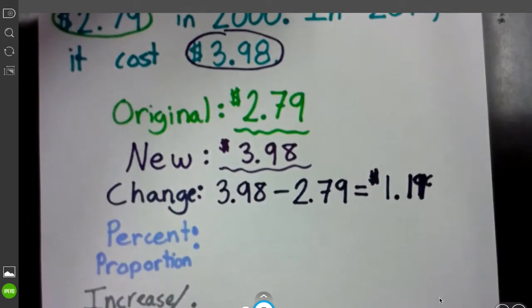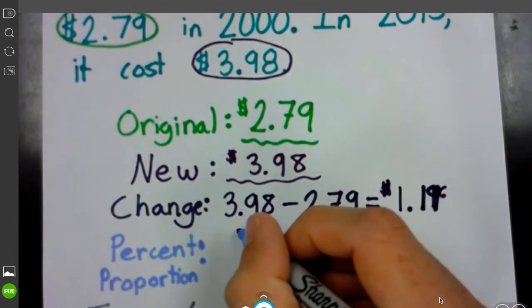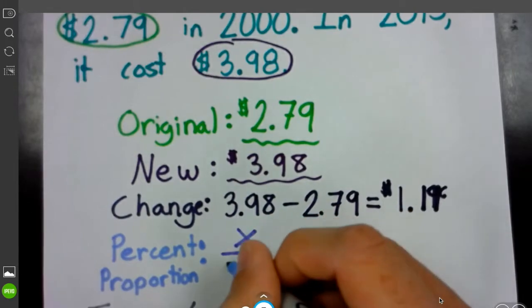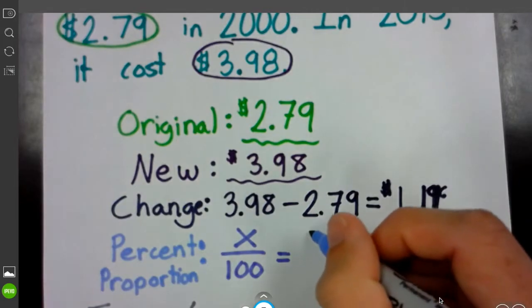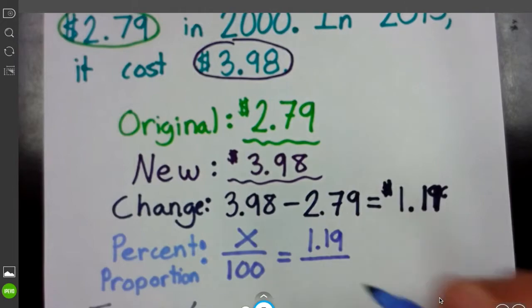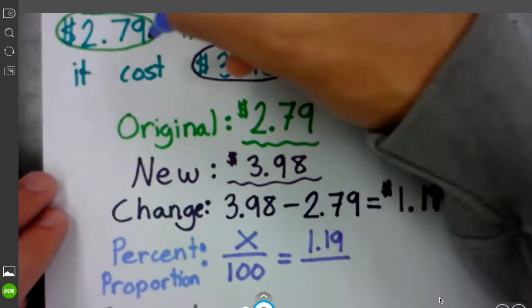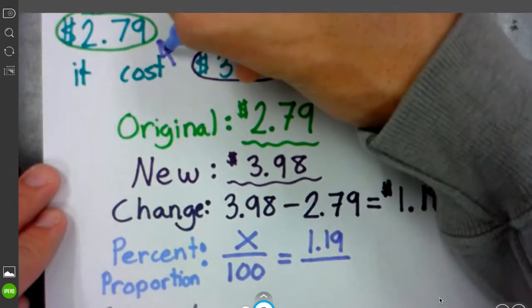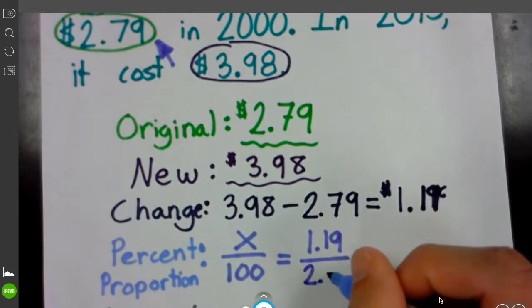We're going to come back to that in just a minute. Jumping ahead a little bit, let's set up our proportion. Okay, so remember it's the percent. Well, we don't know the percent, so that's our x over 100 equals the amount of change, so $1.19 over the original amount. This is where it gets a little tricky. The original amount is this one, remember, we already said that. It's $2.79.